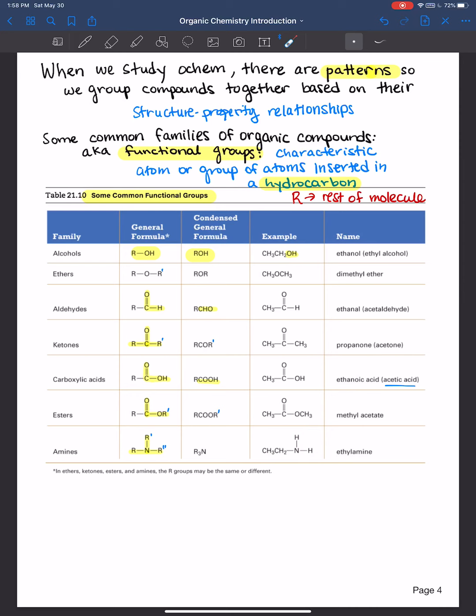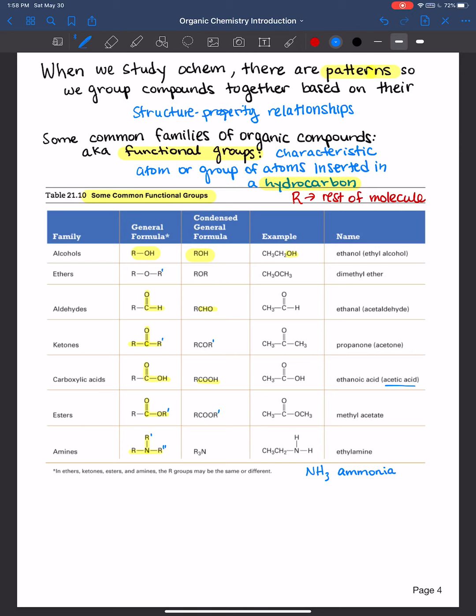And amines are derivatives of a molecule you may already be familiar with. They're derivatives of ammonia. And we will learn in future videos that amines are good bases, not necessarily strong bases, but they are good bases in organic chemistry.